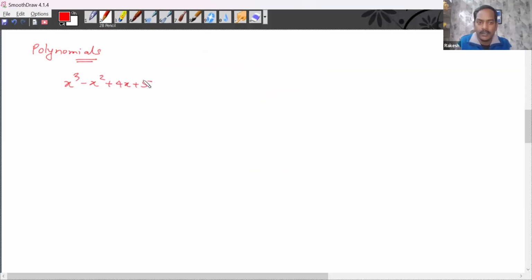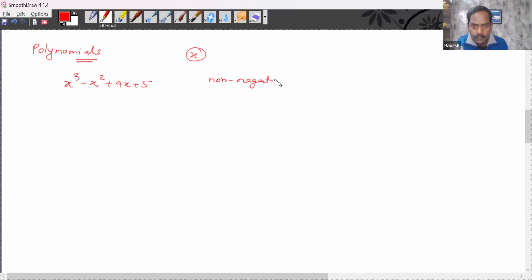This is an example of a polynomial which has only one kind of variable, and that variable is what? X, right? Of course, there are three terms having x with different powers, right?